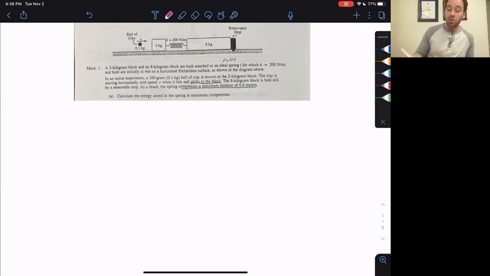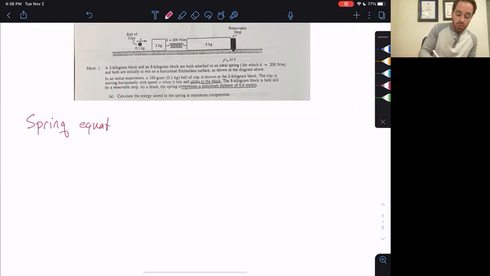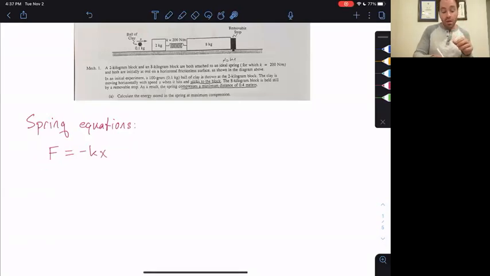There are two equations that you need to know when it comes to springs. First of all, there's what's called Hooke's law, but if you don't know what that's called, that's fine. That's F equals negative kx, where F is the force that the spring exerts to try to get back to its normal shape, and kx multiplies the spring constant by the degree to which the spring is either compressed or extended.